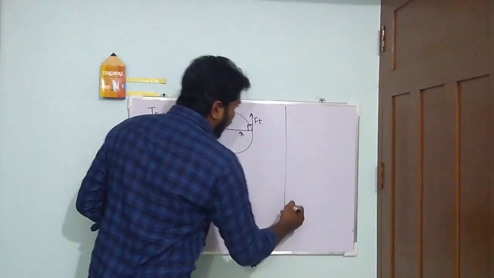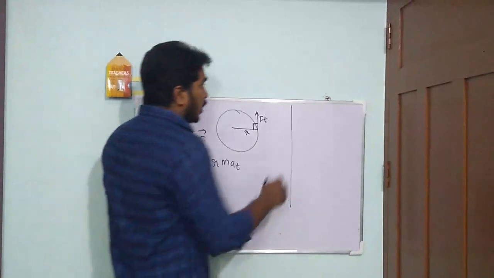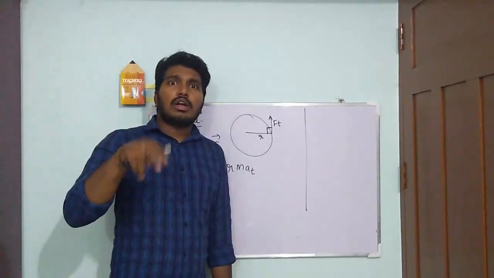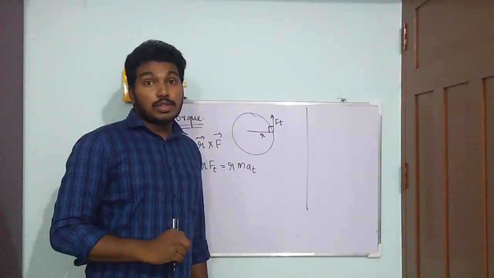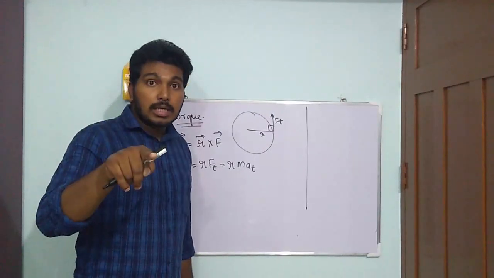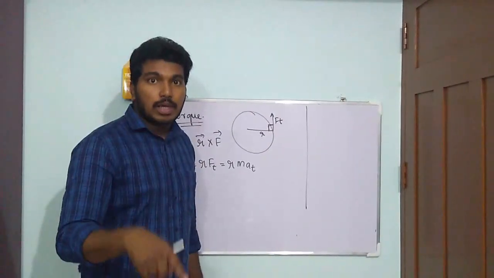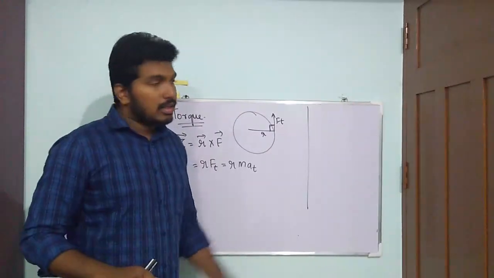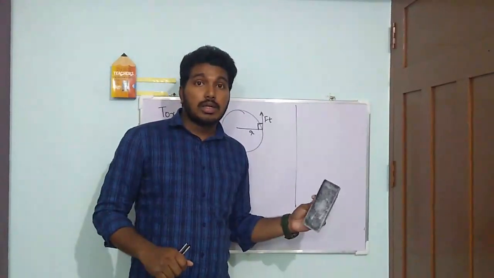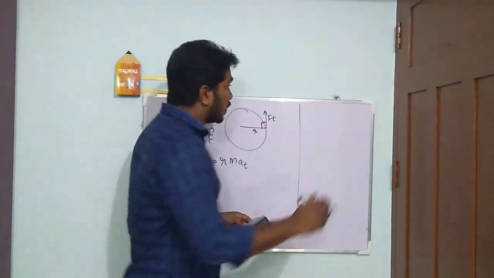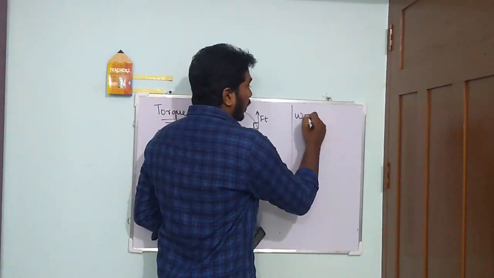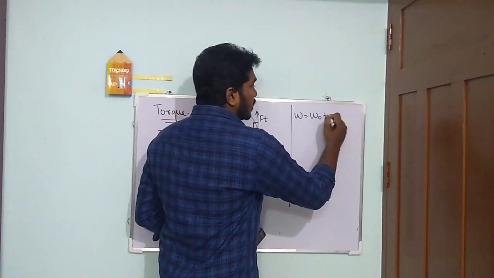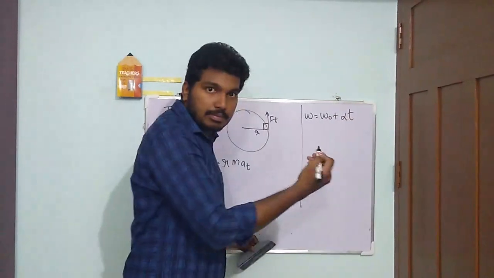Now talking about A_T, the tangential component, you have already learned three equations of motion: V is equal to U plus AT, S is equal to UT plus half AT square, and V square minus U square is equal to 2AS. When you come into rotational motion, those three equations can be written in this form. One, omega is equal to omega naught plus alpha t.